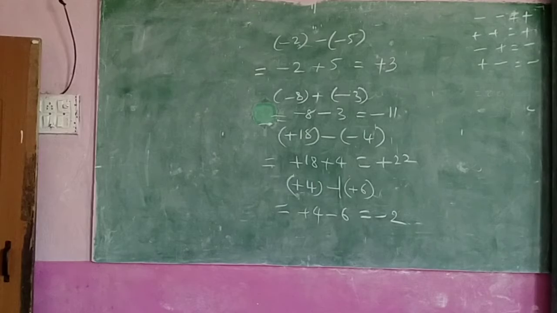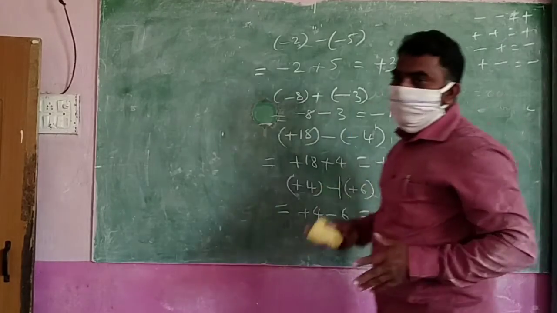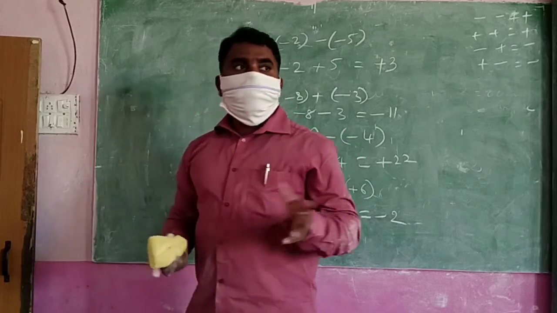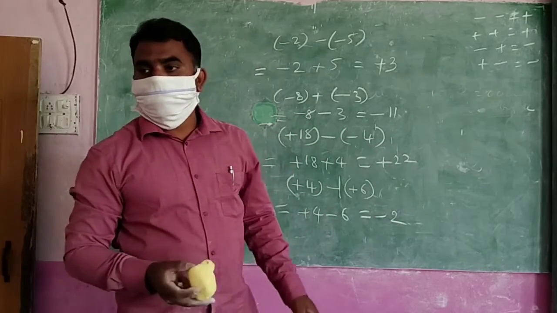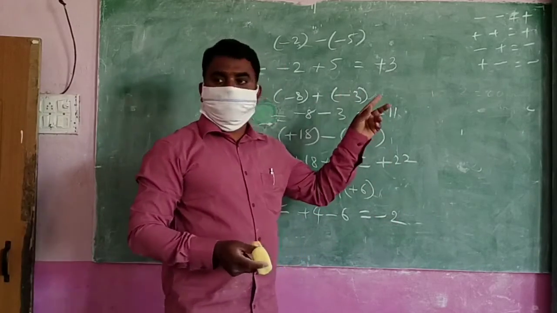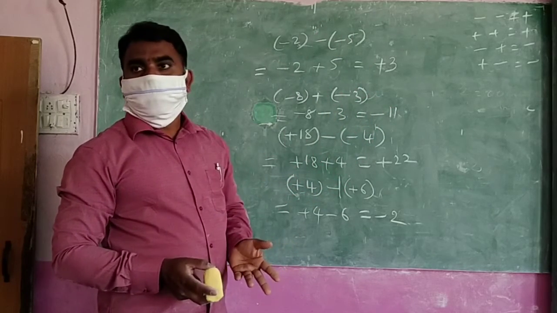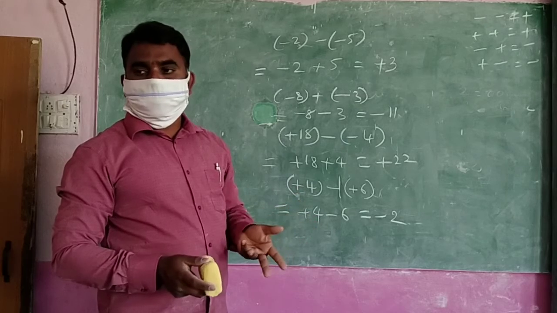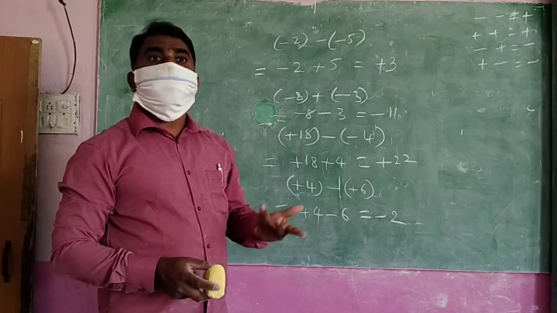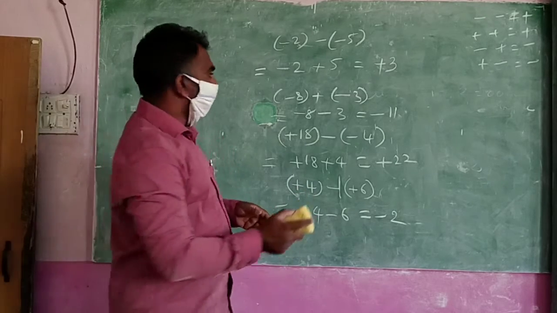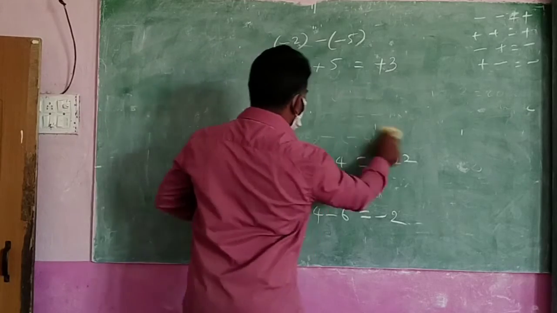Okay, now next one, I will say to you now. Here only two numbers are there. Now if more numbers are there, then how? Suppose 5 numbers I will give, 3 numbers I will give, 6 numbers I give, 4 numbers I give. Then how to do them? That I will explain. Listen carefully.